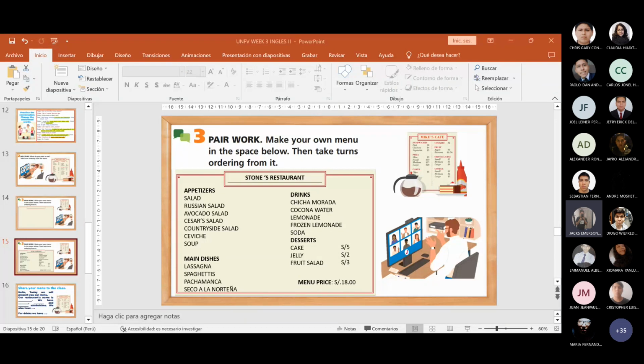Al lunes, profesora. Lunes 26. Entonces tienen que terminarlo antes del 24 para que pasen bonita Navidad y no se recarguen.